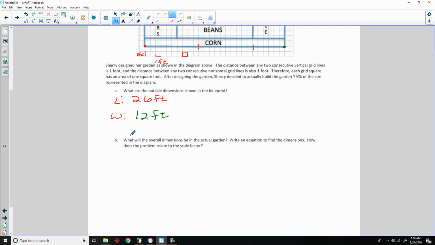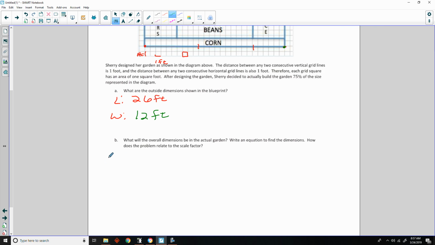B says, what will the overall dimensions be in the actual garden? Write an equation to find the dimensions. So actual garden dimensions will be 75% of the blueprint. So I'm going to take the length and the width and multiply them by 0.75.